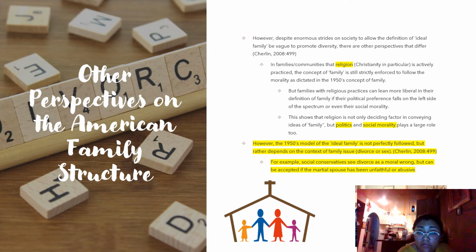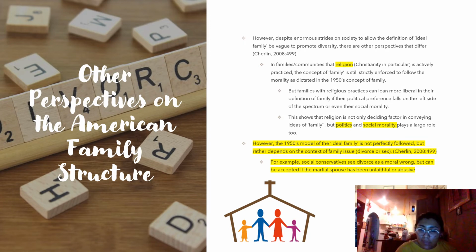They may follow the ideal family set by the 1950s model, which is a heterosexual couple with children who are married. However, there are some exceptions. For example, social conservatives see divorce as morally wrong, but it can be accepted if the marital spouse has been unfaithful or even abusive.